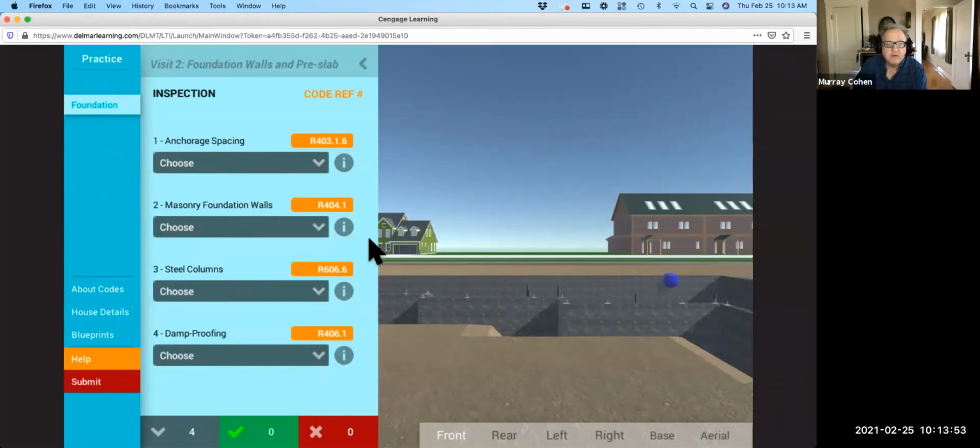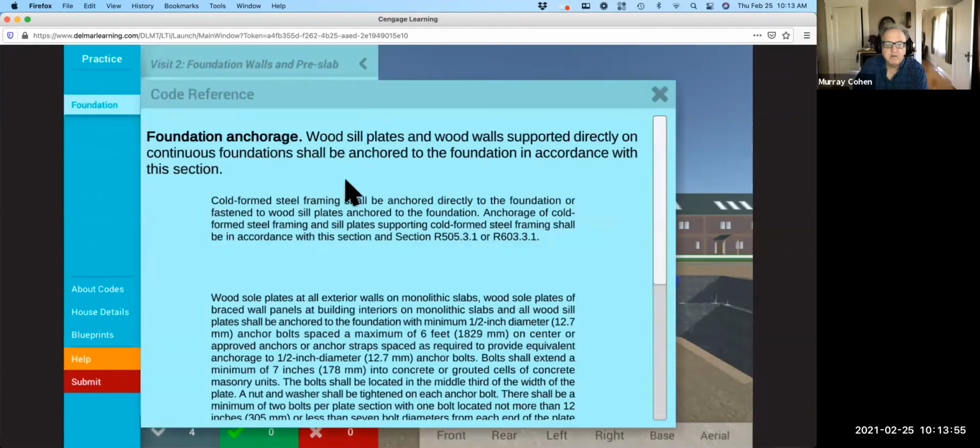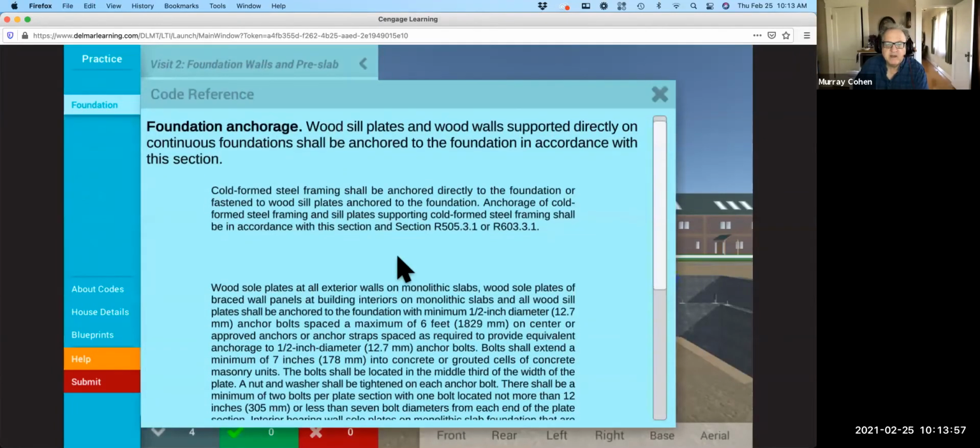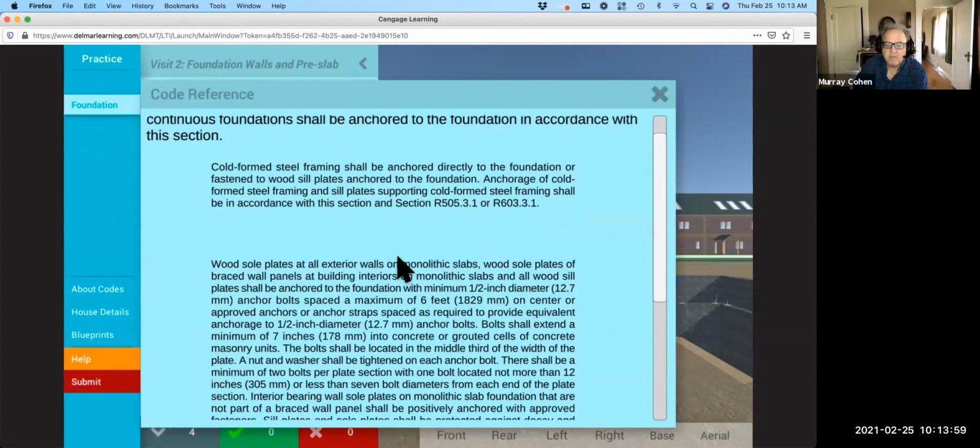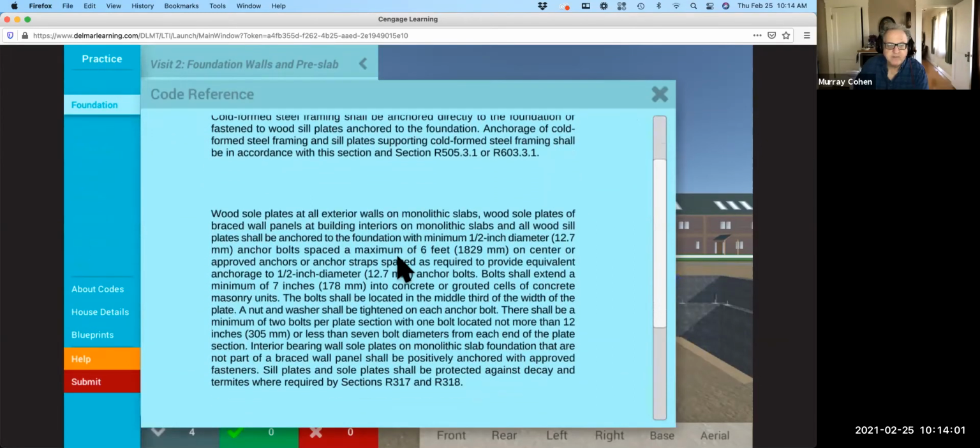We want to read the code and see how far apart they have to be, the spacing. Bolts shall extend a minimum of 7 inches, but we're talking about the spacing. Sill plates to the foundation with a minimum 1/2 inch diameter bolts spaced a maximum of 6 feet apart.